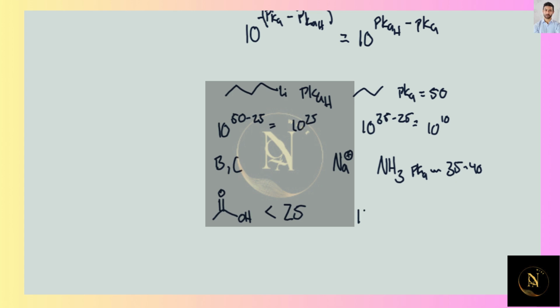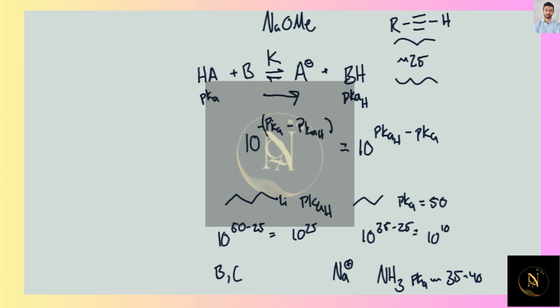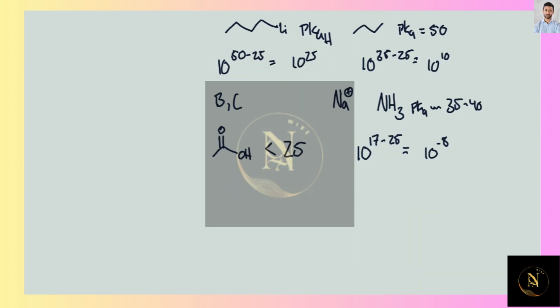If we put that in the formula, it would be 10 to the 17 minus 25 equals 10 to the negative 8. That's a very low number, less than 1. That means the equilibrium favors the left-hand side, where the alkyne is protonated. That favors the HA rather than the BH side of the equilibrium. And the same is true for the remainder of these.